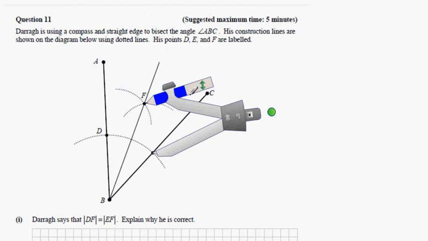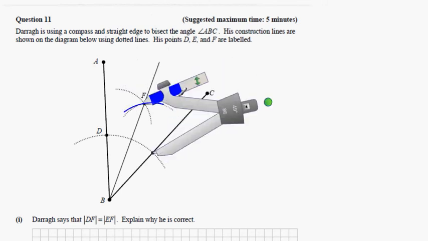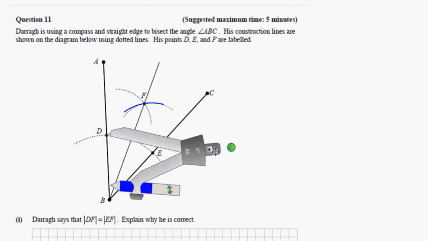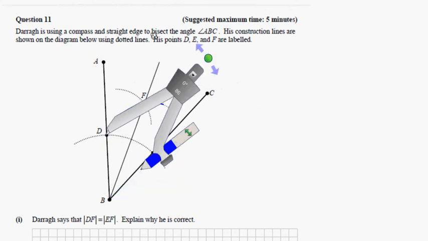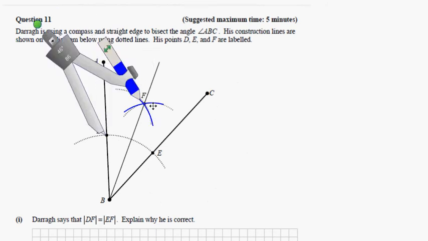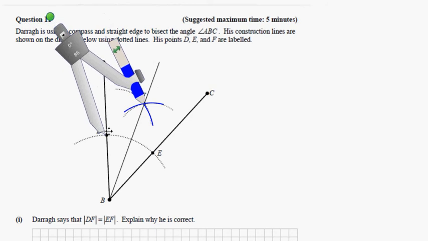We would have drawn this like so, and then on the other side we would have gone to D using the same arc length, and we would have drawn this mark here. So you can see that therefore they're the same distance as each other, from the metal part to the pen tip. Okay, so they're actually the same part. Now how to put this into words would probably be the hardest part here.